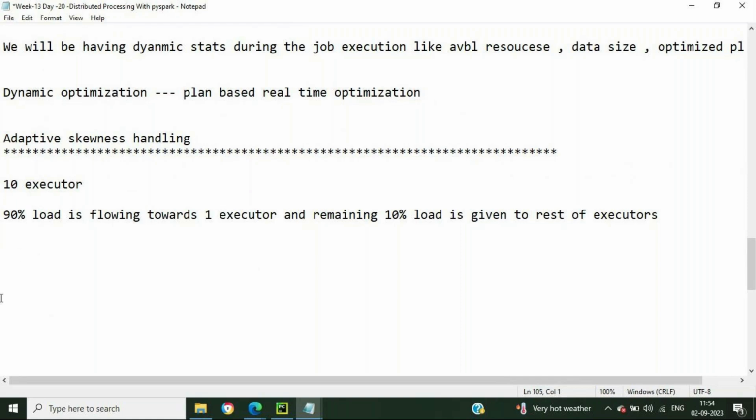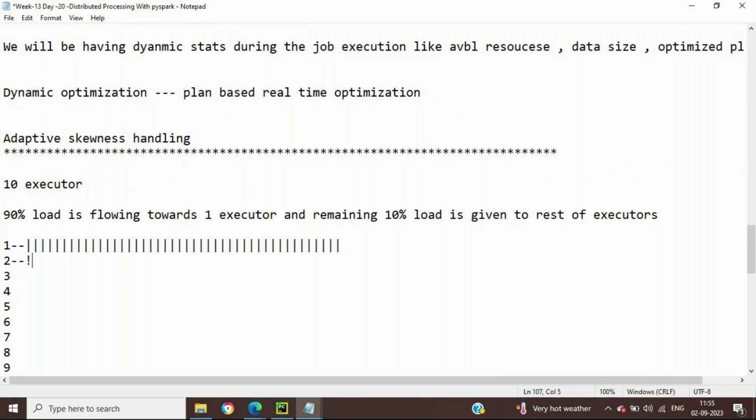This is nothing but data skewness. You can think of it this way: 1, 2, 3, 4, 5, 6, 7, 8, 9, and 10. We have 10 executors, and say the first executor has this much load, and the rest of the executors have less usage.